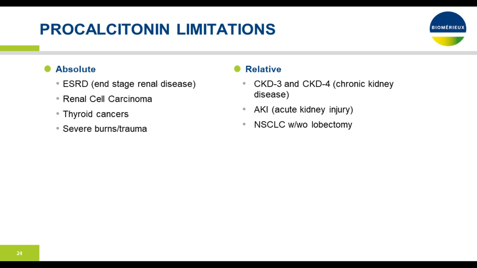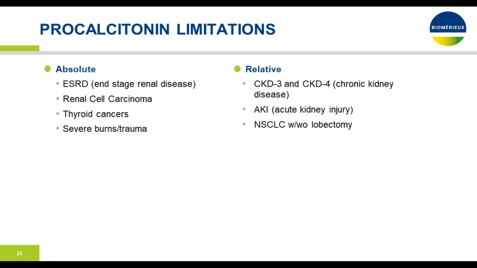So at our hospital, there are obviously procalcitonin limitations. We know the limitations include end-stage renal disease, renal cell carcinoma, thyroid cancers, and severe burns and trauma. But there are also some relative limitations: patients with CKD3 and CKD4, and also patients with AKI and non-small cell lung cancer with or without lobectomy may also have an elevated procalcitonin in the absence of an infection.